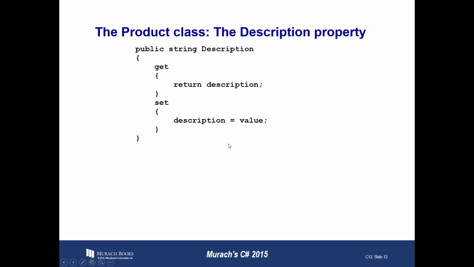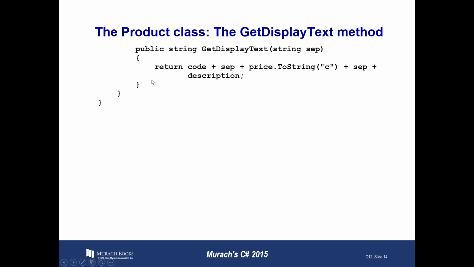We've got a similar one for the description. Both of these are public string, followed by the name of the variable with an uppercase letter. Then we've got price, which is a little different, because rather than returning a string, we're returning a decimal. And value is basically a keyword, which just means whatever you end up passing in, that's going to set the price to that, or attempt to.